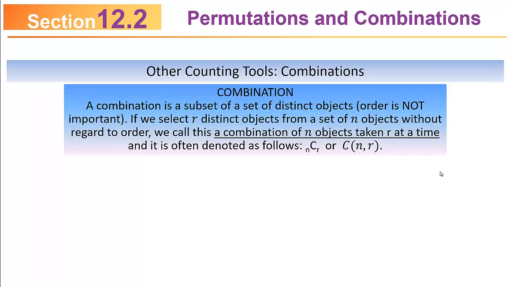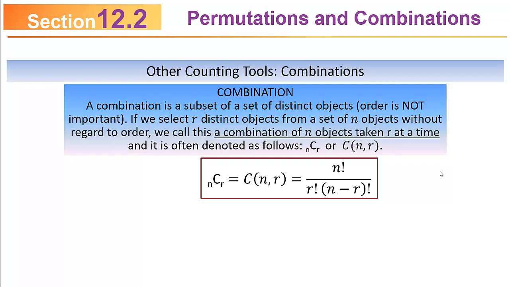If we select R objects from a set of N objects without regard to order, we call this a combination of N objects taken R at a time, and it's often written exactly as for a permutation, except we use capital C instead of capital P. So we can put the capital C there with the subscript of N on the left and R on the right, or we can write capital C with N comma R in parentheses. So the capital P for permutation changes to capital C for combination. And there's your formula.